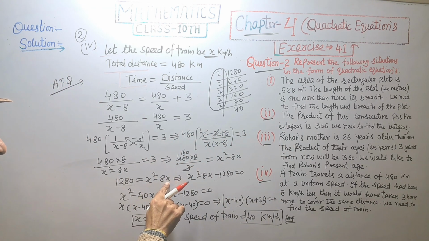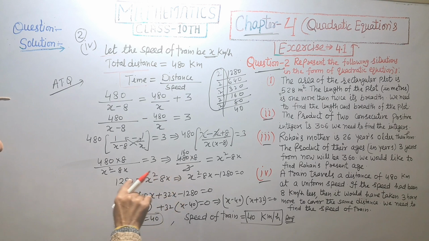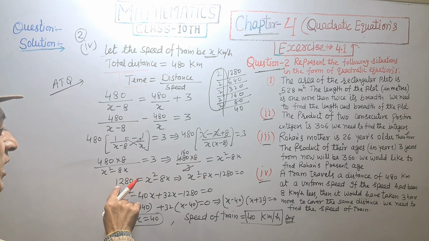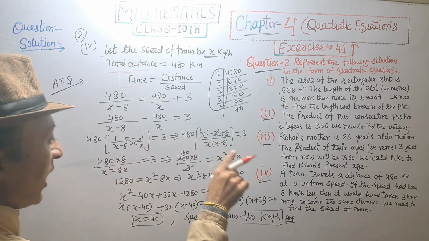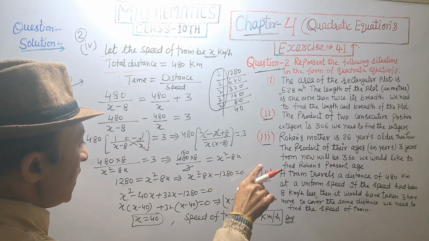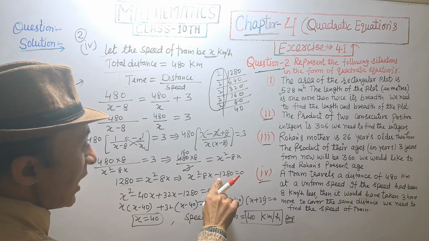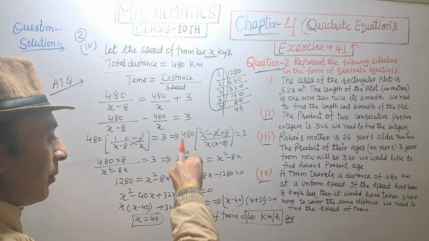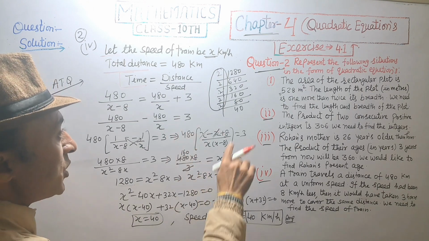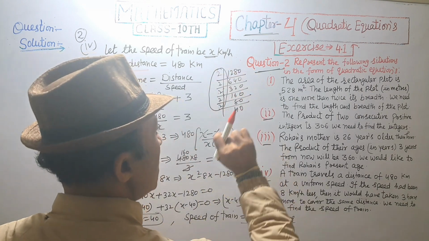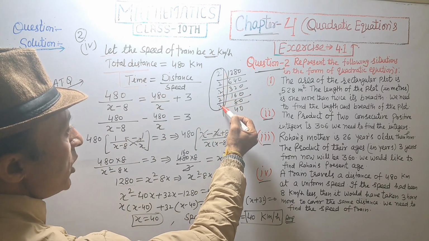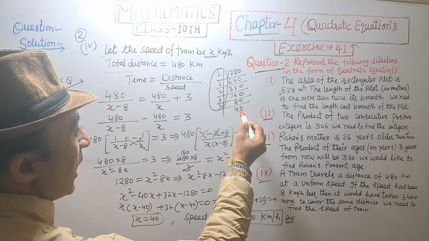So 160 multiplied by 8 on the left is 1280, and we shift it to the right side with a negative sign, and it gives a quadratic equation. Splitting the middle term, the prime factorization of 1280 is 2 into 2 into 2 into 2 into 2 into 40.